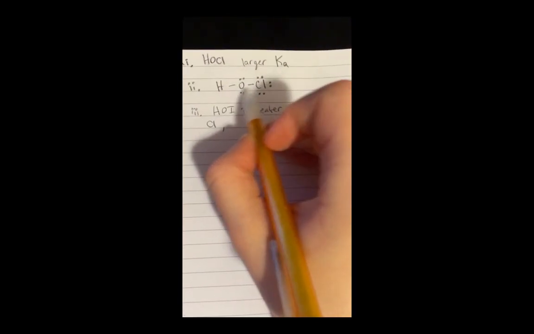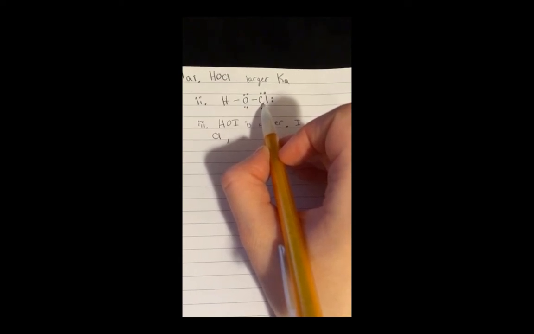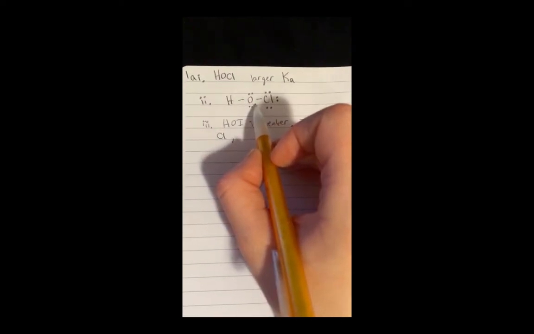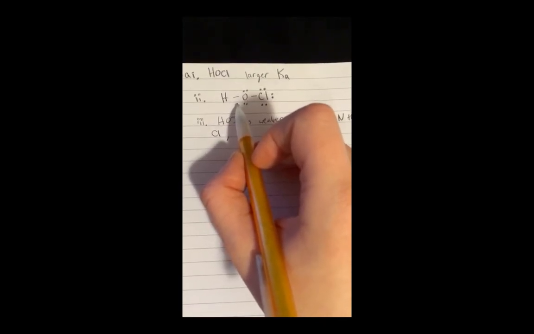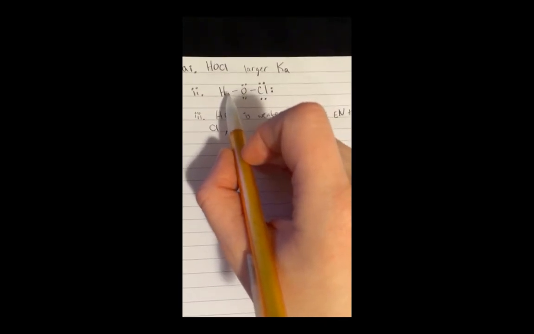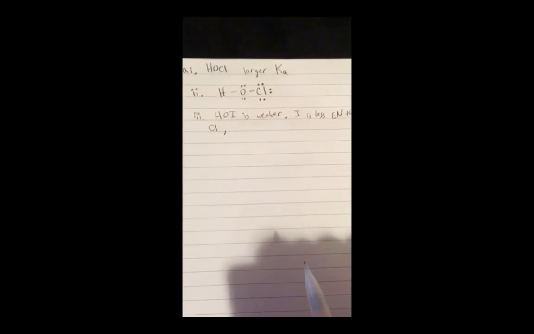In this molecule, chlorine pulls very strongly on the electrons from oxygen, and so oxygen pulls very strongly on the electrons in this oxygen-hydrogen bond, which makes this bond weaker and makes it easier for the hydrogen to basically pop off.